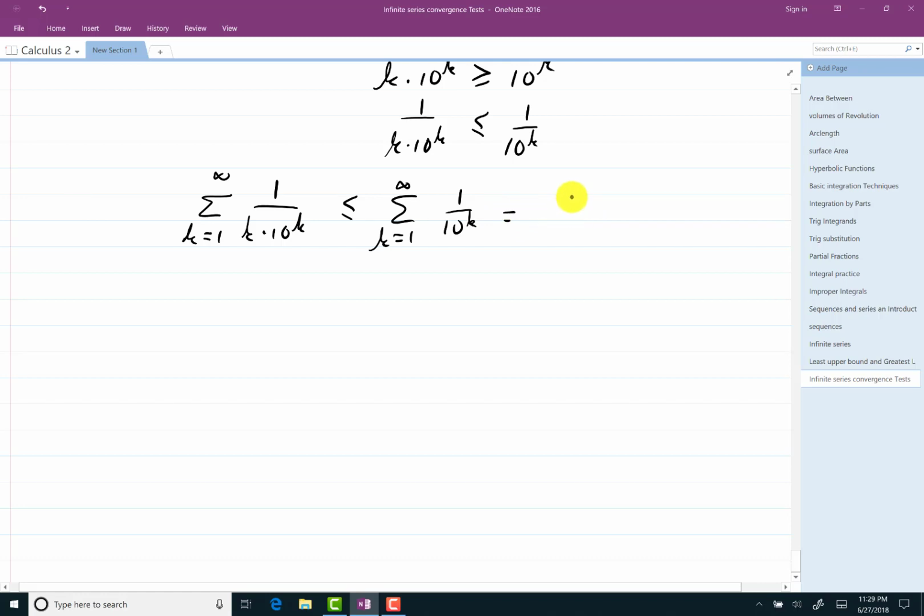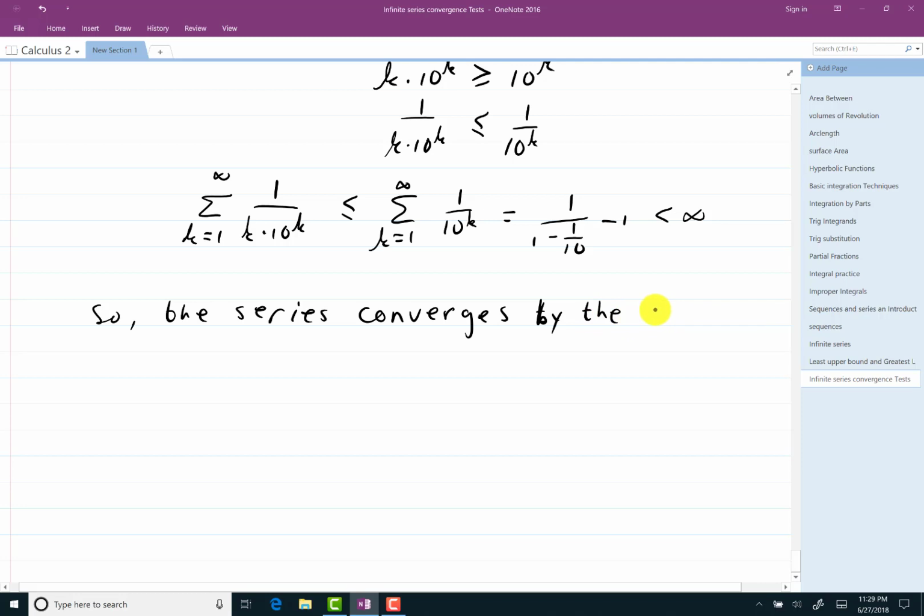This is equal to 1 over 1 minus 1/10, minus 1 because it doesn't start at 0. And, well, whatever it is, that's less than infinity. So the series converges by the comparison test. I'll just write comp test.